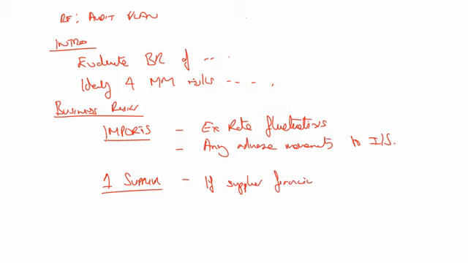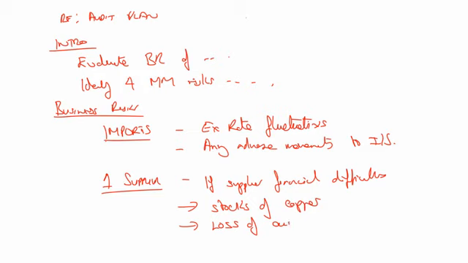Financial difficulties, operating difficulties. Then we have a risk of not having enough stocks of copper. So we're going to have stock outs and therefore a loss of customer goodwill as we can't supply them. Can't supply the circuit boards for the mobile phones.